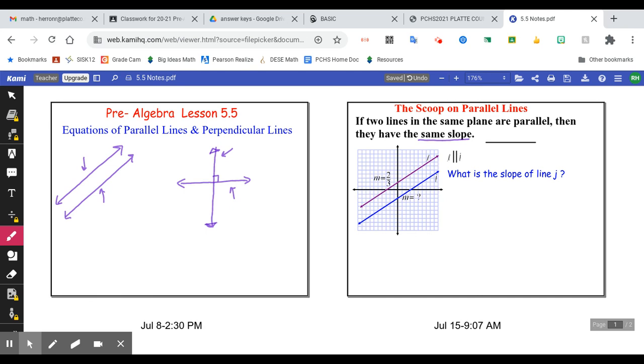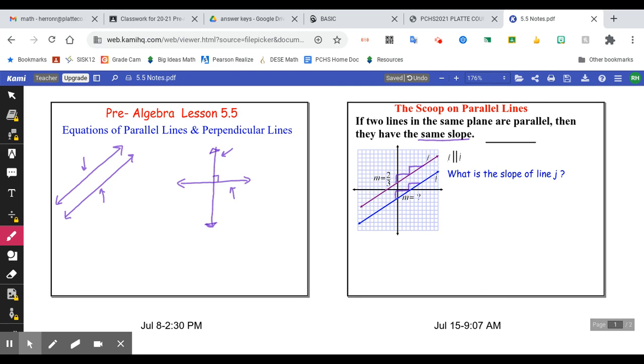So like if this one goes up 2 over 3, up 2 over 3, then this one's going to have to go up 2 over 3, up 2 over 3 in order to never ever come at an angle where it meets the other one. So if they have the same slope, then that means that they are parallel, okay?